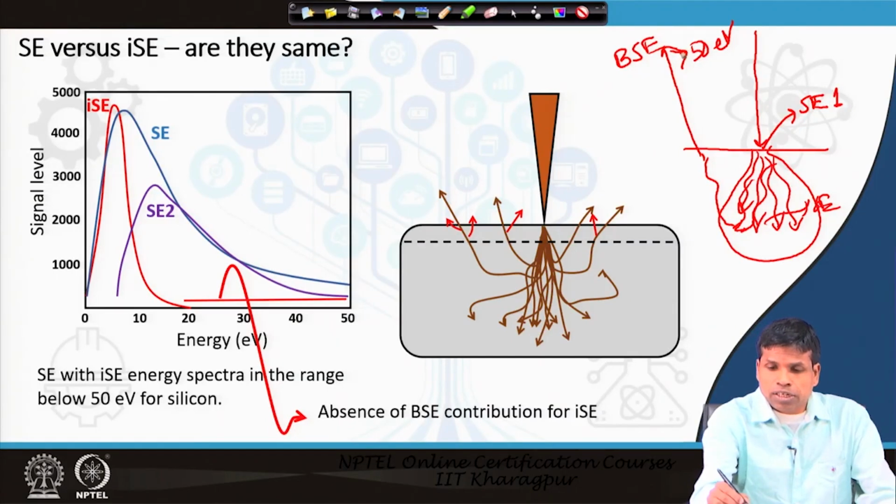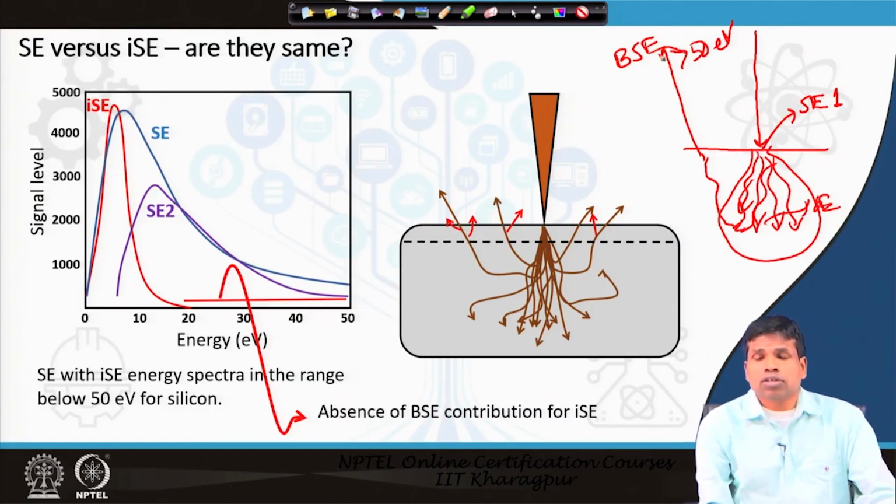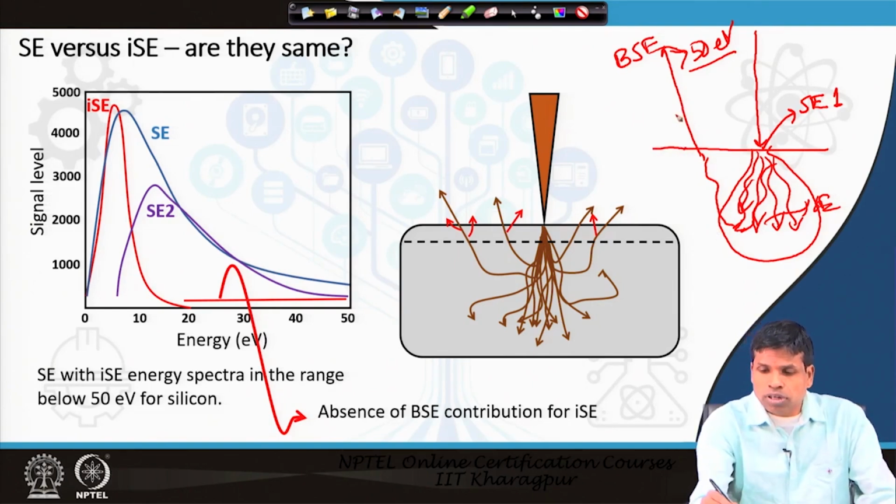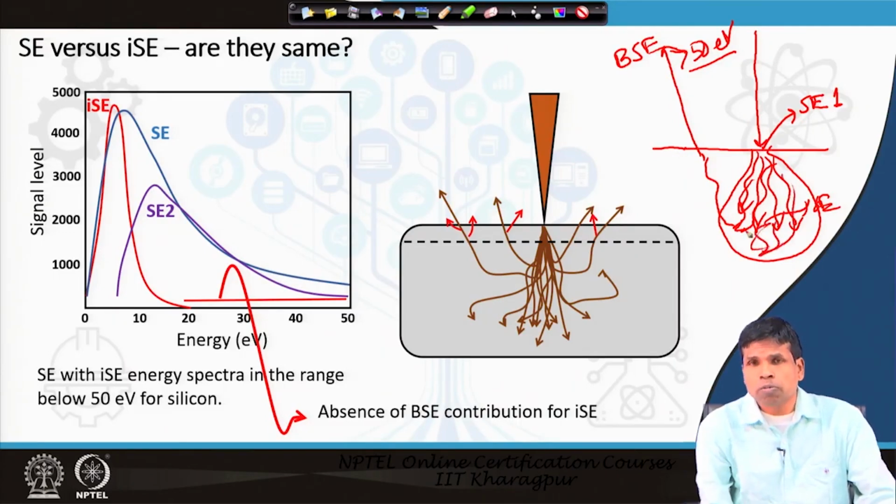Remember that we say back scattered electron when the energy is greater than 50 electron volt. When a back scattered electron comes out after going through the specimen, certainly it has lost a lot of energy upon interacting with the interaction volume, so its energy becomes less. When the energy of the incident beam is less, a larger number of secondary electrons are generated.